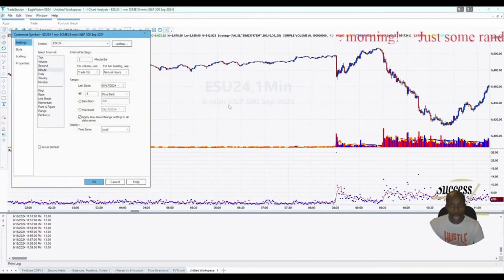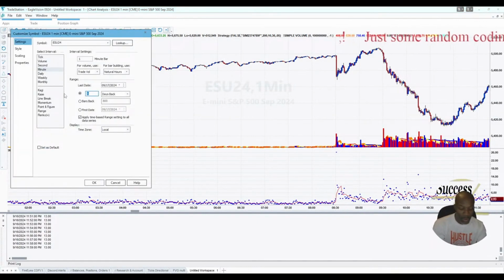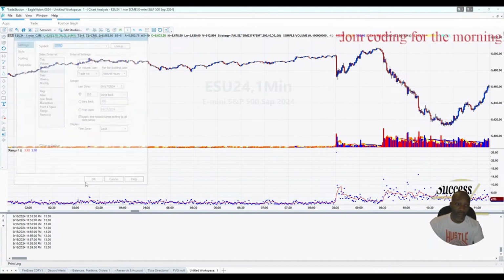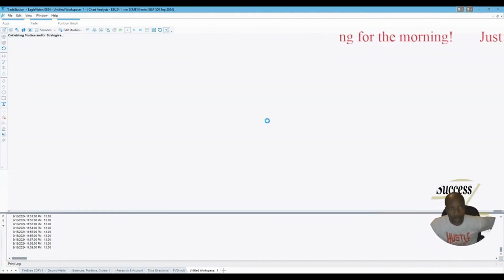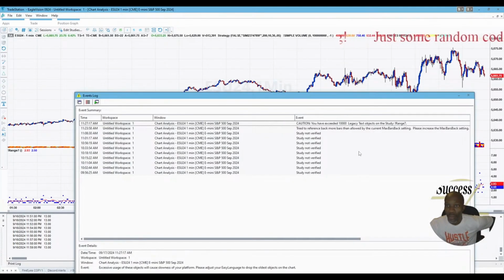So let's widen it to, instead of 5 days back, let's go 105 days back. Oh! Why does it say you've exceeded 1,000 legacy text objects on study range 7?